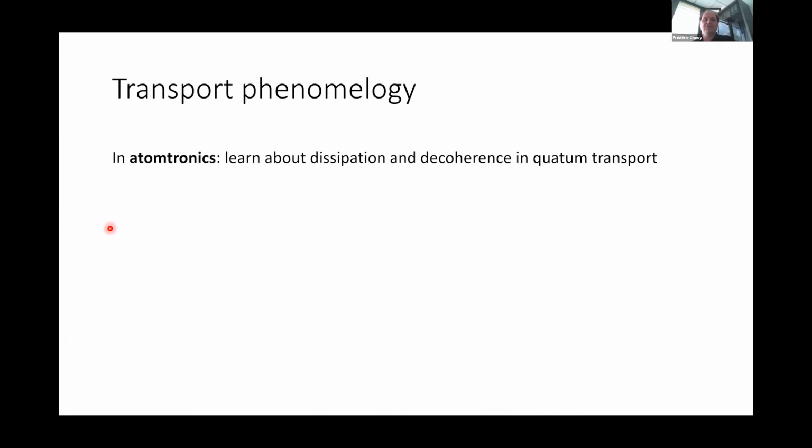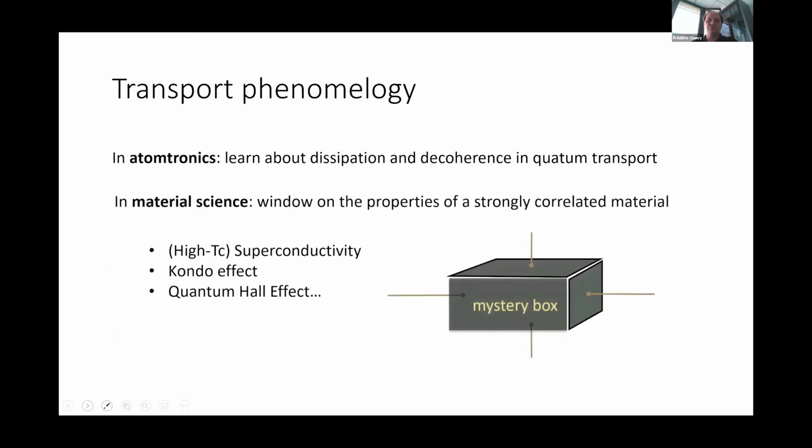So I don't have to repeat what he said, which is that obviously in atomtronics, when you want to transport particles from one place to the other, it's very important to know about the dissipation and decoherence during quantum transport. But in addition to that, looking at transport properties is also a very powerful tool to get access to the properties of newly found materials.